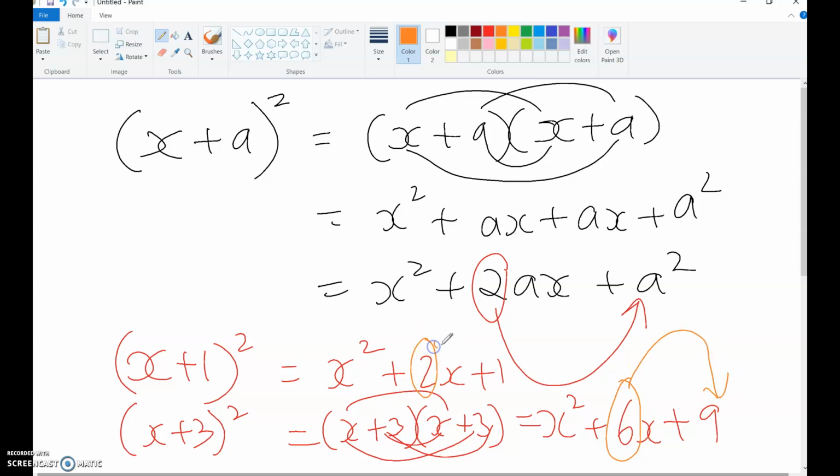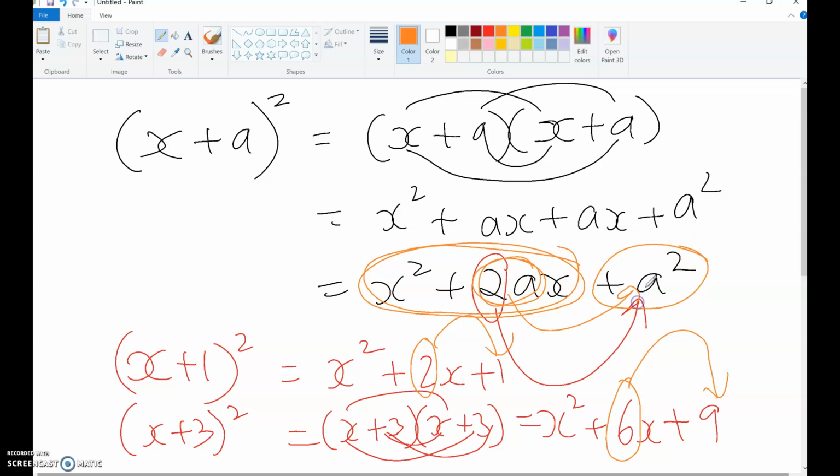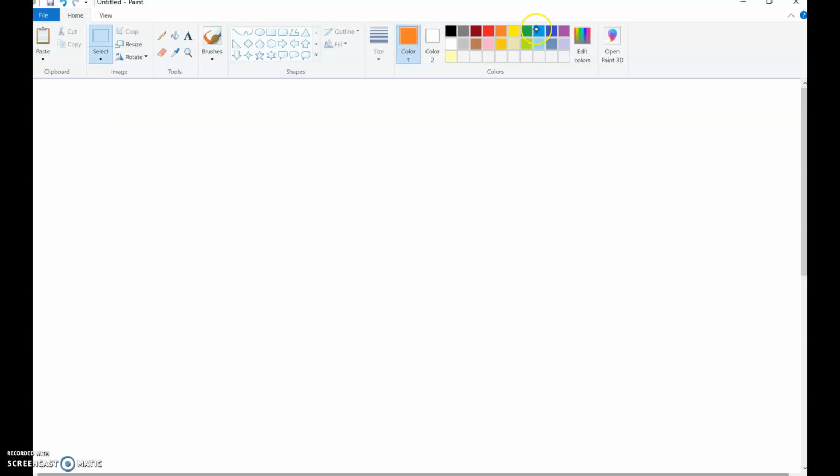If I halve that, I get 1, and 1 times 1 is 1. Okay, so whenever you've got this here, to find this term, all we have to do is half that number and square it. That might be enough, but let me try to show you some examples.